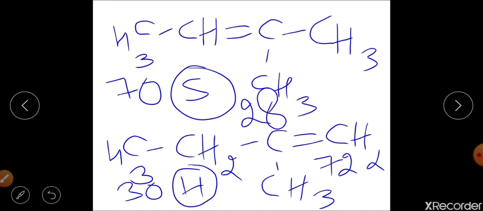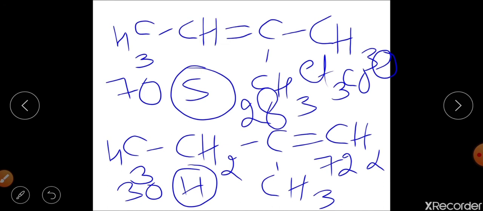Right? When we have the base as Et3CO negative, this is somewhat more bulky in comparison to the previous two.